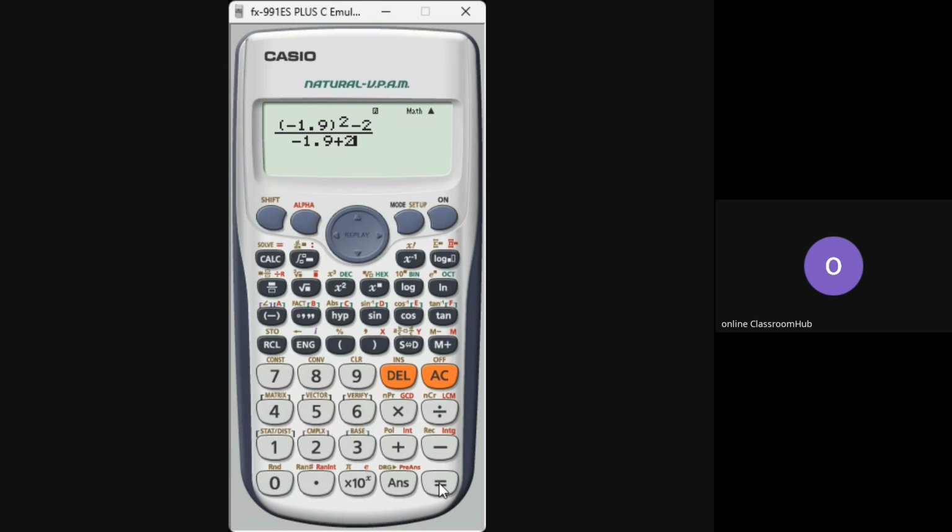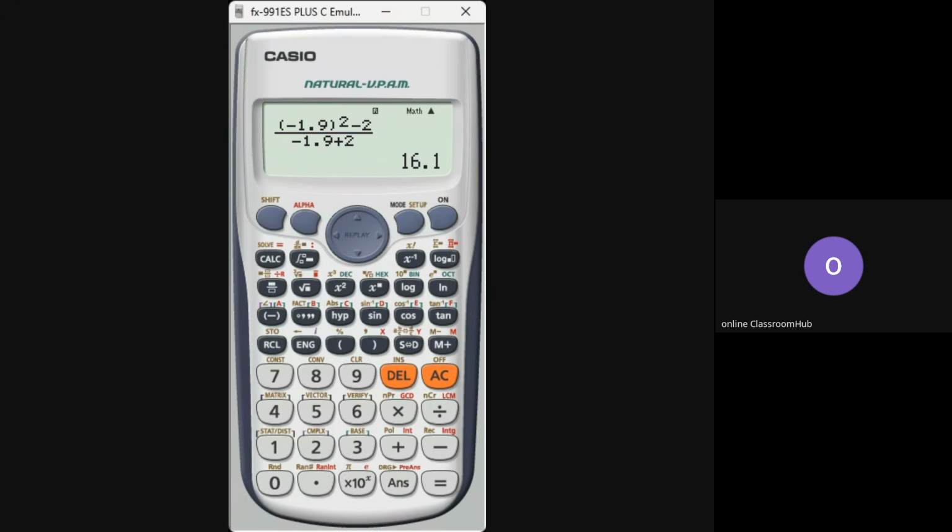Press the equal to, then you press here to get the decimal equivalent. So you can see that 16.1 is the correct answer. So the one who gave the negative 56.1, cross-check your computation, your input.